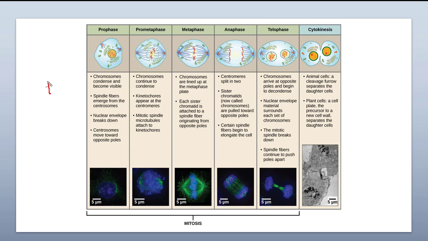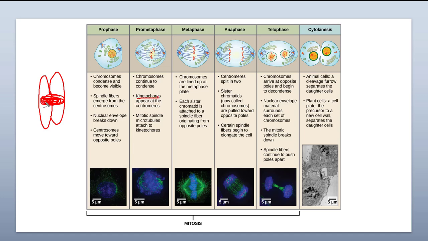Okay, so let me get my little pen out. I'm going to draw a very bad picture of a pair of sister chromatids. So these are identical chromosomes attached by a centromere. And at this centromere, there are these little protein complexes which we call kinetochores.